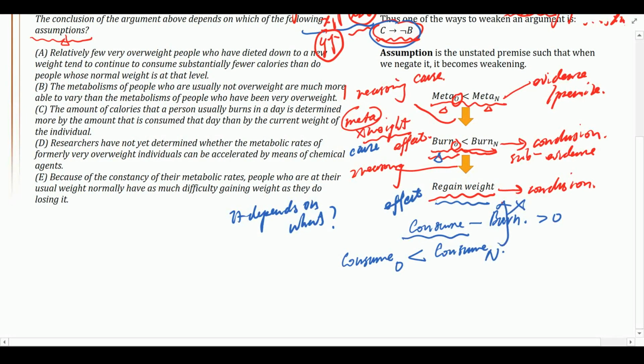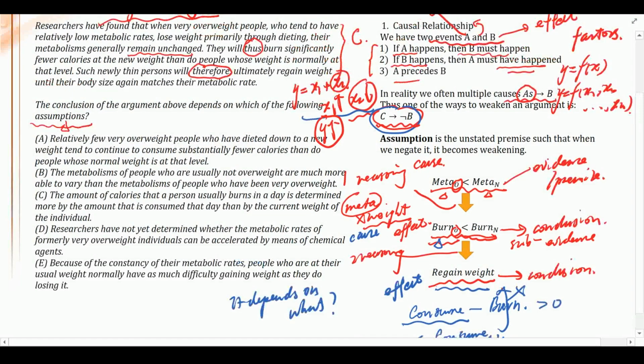So with all this preparation, we can finally come back to ask, what is the assumption? Take a look at its definition. An assumption is an unstated premise, so basically it's not explicitly mentioned by the author, such that when you negate it, when we put a not into it, it becomes weakening.